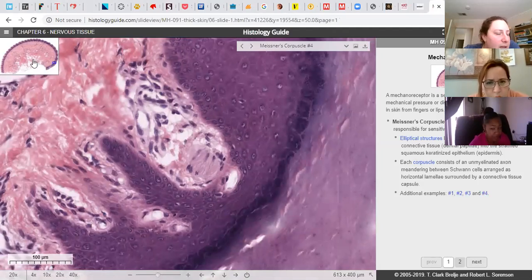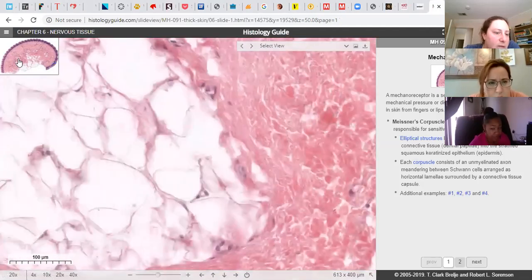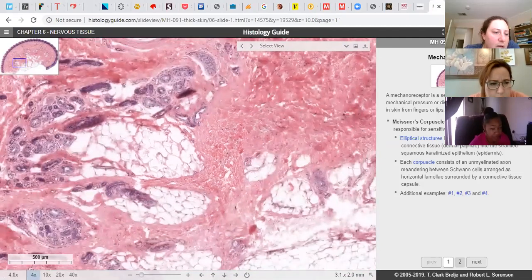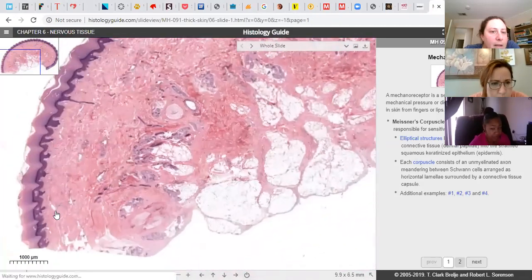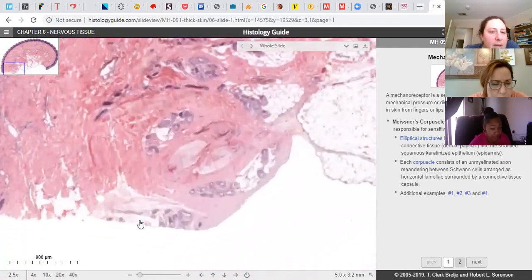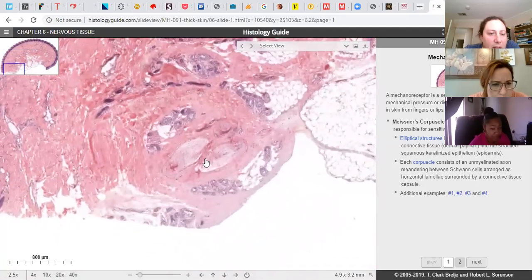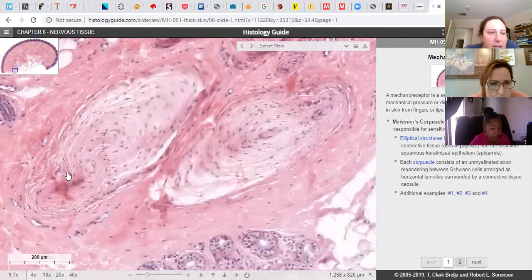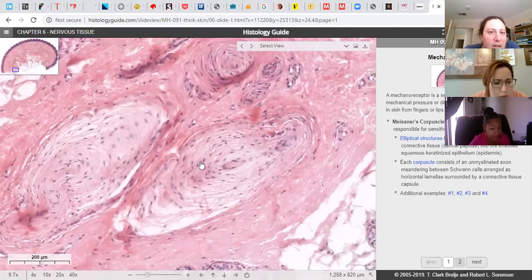And then the Pacinians are deep. And like I showed you, let's go back out. They're really easy to see because they are massive. Each of these oniony things is a Pacinian.